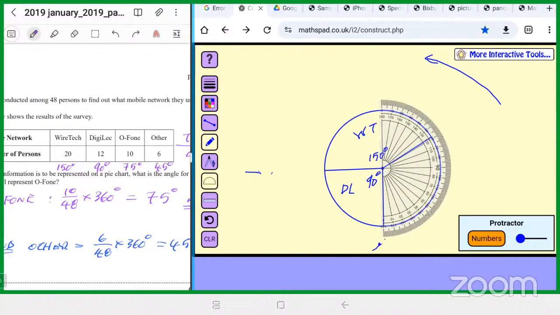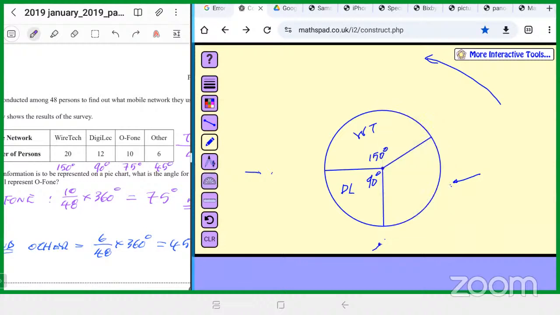The line that I'm measuring from must pass through 0, and I'm measuring 75 degrees on the 0 scale. The 0 scale is the inner scale. Can you see it? So 75 degrees is right here between the 70 and the 80. You see this mark, this line? No, not there. Right here. Right, that one. So I'm talking about that mark right there.